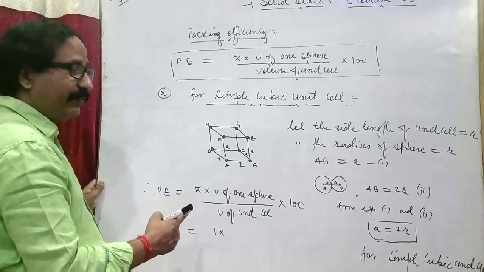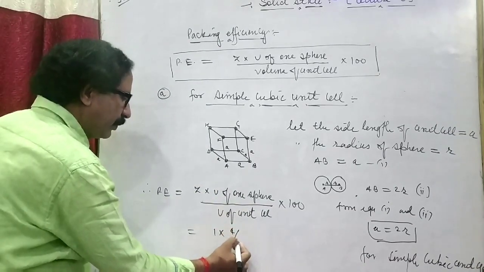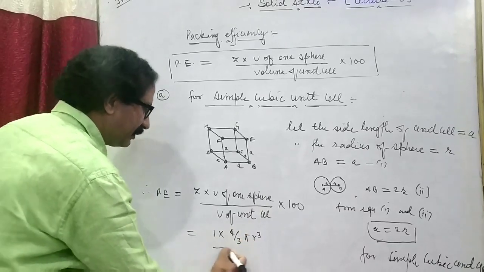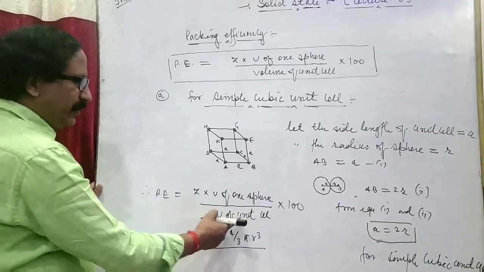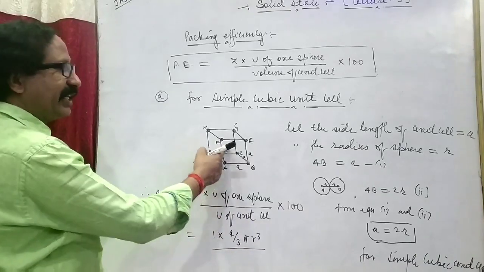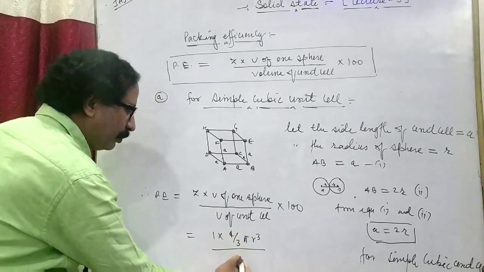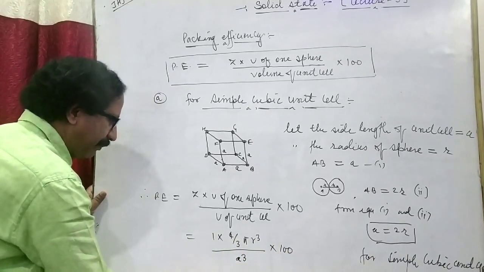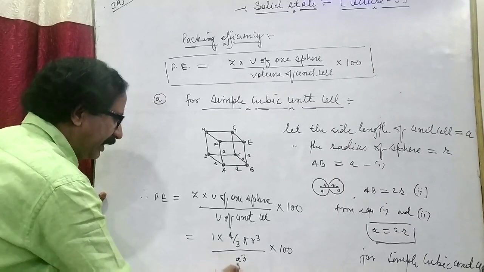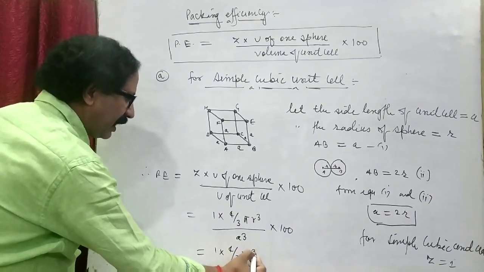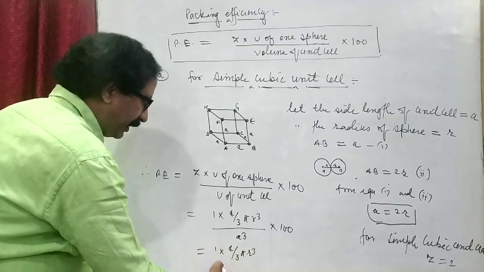And what is the volume of sphere? 4 by 3 pi r cube, R is the radius, whole upon. What is the volume of unit cell? Unit cell is the cubical shape, and the volume of the cube is side cube into 100. Apply more. 1 into 4 by 3 pi r cube, the whole upon.